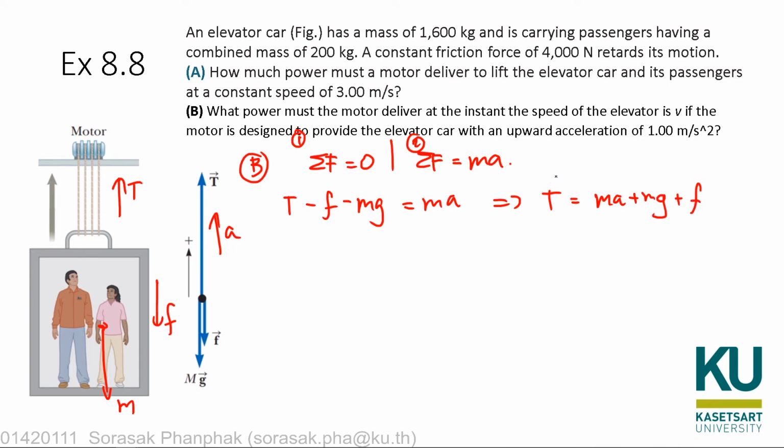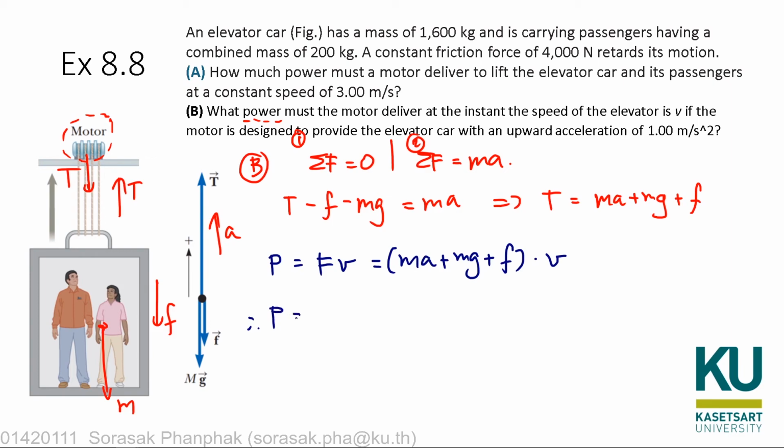Since you would like to determine the power consumption here, and P equals Fv is what you already know, and F is what this motor is pulling with the string tension here, you sub T as ma plus mg plus F and multiply with v.